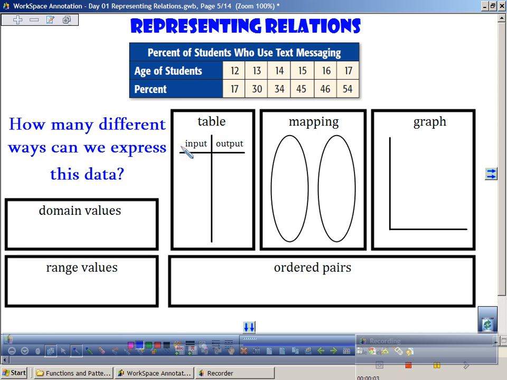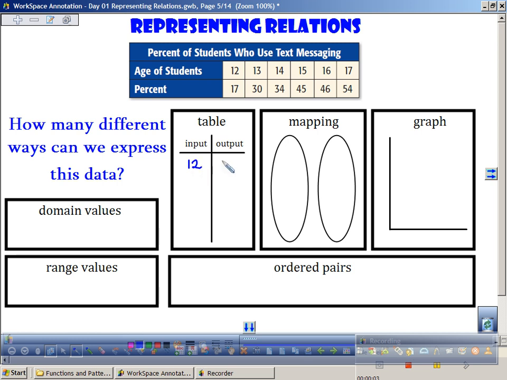Can you tell me why you think it's age of student? That's what causes a percentage. You can't have a percentage without having the number of the age of the student, right? You have to know the age of the student to know the percentage, correct? So the input is the age of the student.